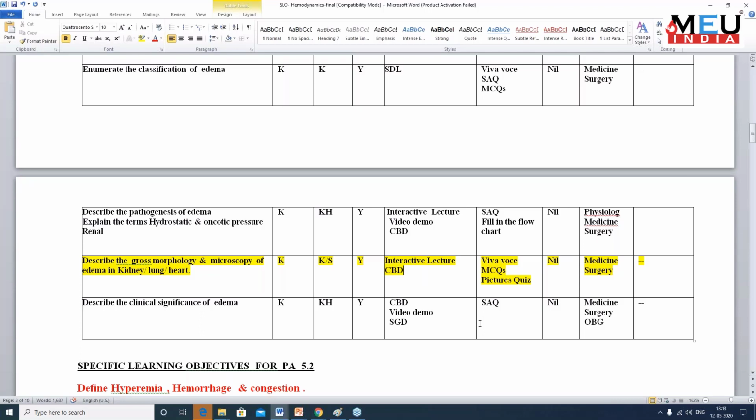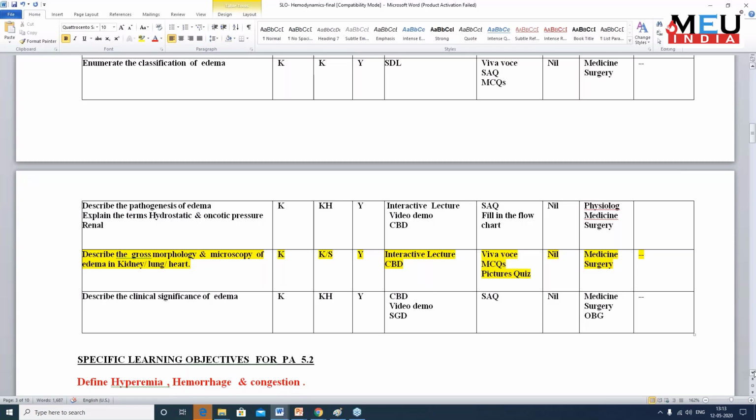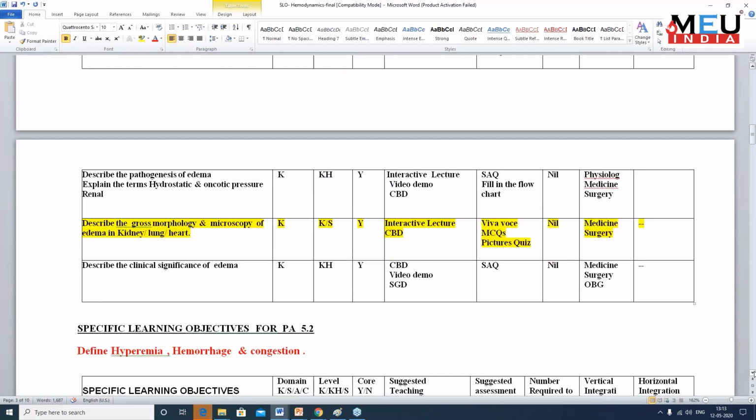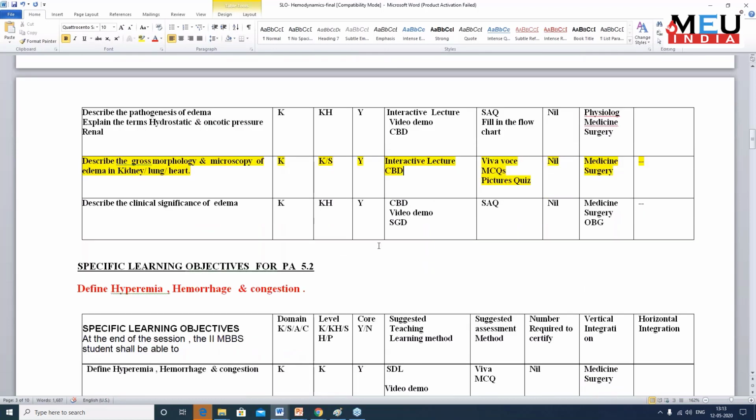Okay. Clinical significance. Yes, that is another one. Clinical significance of edema. Here, I prefer a case-based discussion, wherein a scenario is given to the student and asked to tell us what they understand from the situation and how it's going to affect the patient.